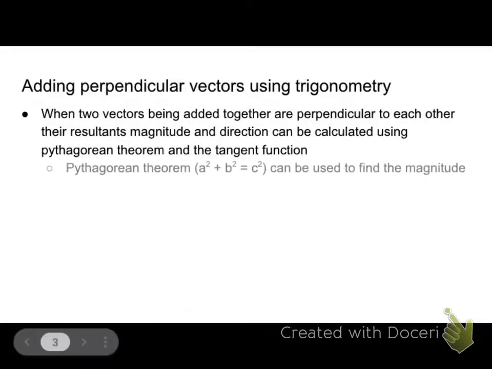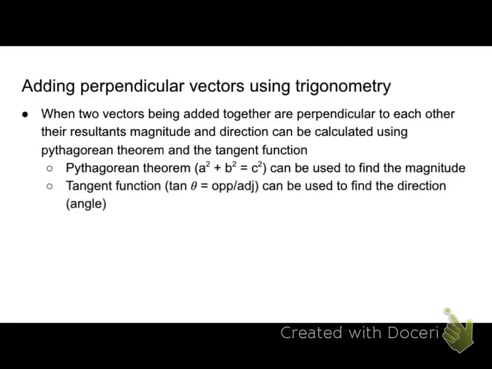So you would use the Pythagorean theorem, a squared plus b squared equals c squared, to find the magnitude, also known as, if you're doing distance, the length, right? But we say magnitude because it's not always distance, so the numerical value. And then you can find the direction or the angle that it's traveling at using the tangent function. So tangent is equal to the opposite side over the adjacent side.